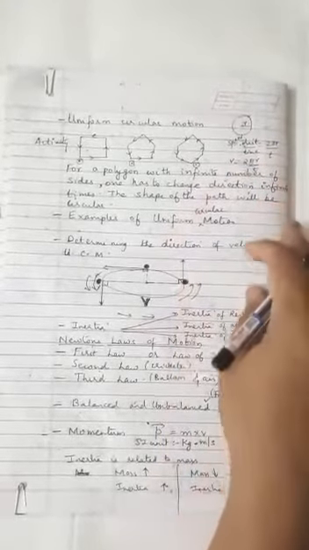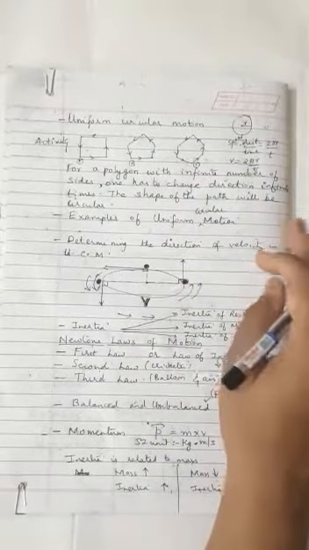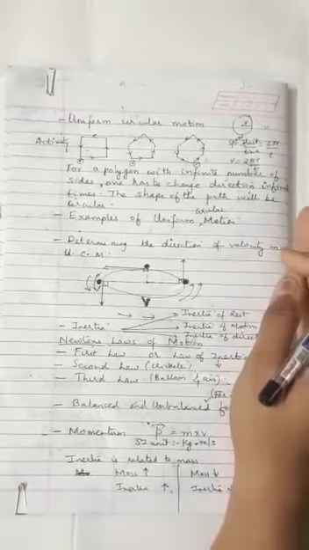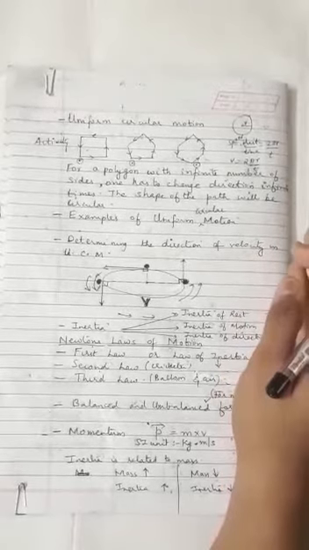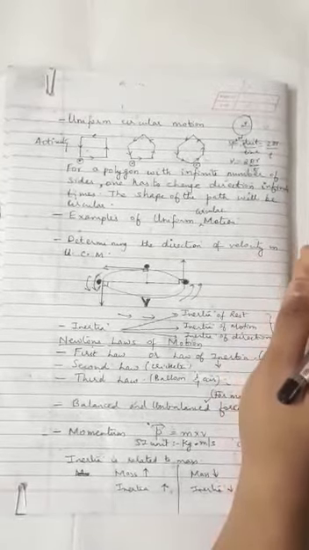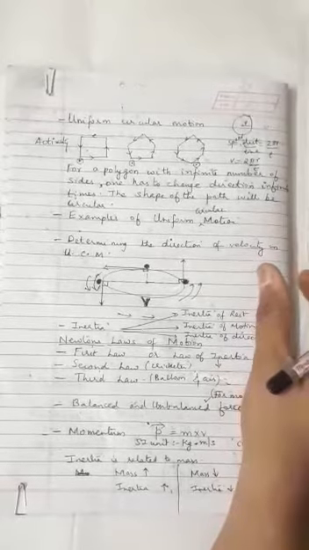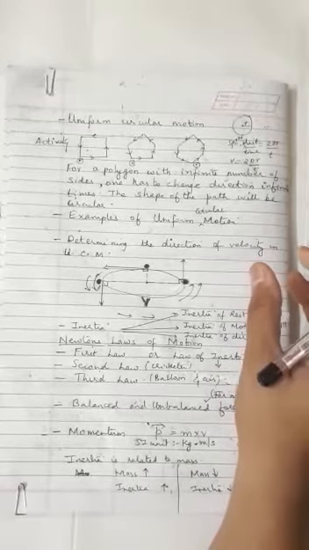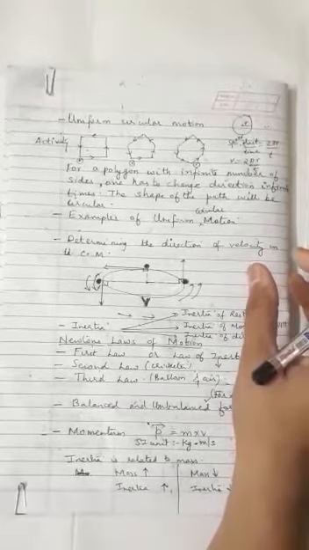So if you increase the number of sides of a polygon and make it infinite, what will finally be the shape of the path? Towards the end, what shape are you going to get?